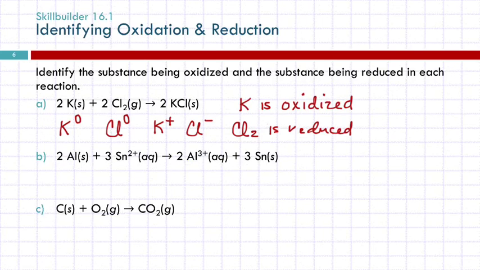It does that by losing 3 electrons. So the aluminum is being oxidized. We'll call him Ox. The tin ion is being reduced. Reduction is gain of electrons. To go from a +2 charge to a 0 charge requires that you gain 2 electrons. So we'll call that guy Red. Any questions?